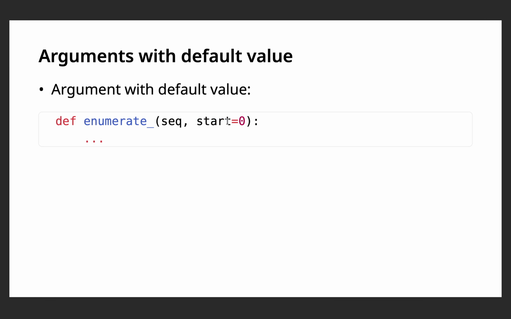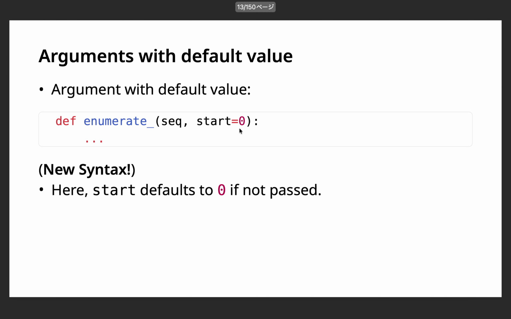So this start is also an argument, just like sequence, but it also has a corresponding default value over here. The nice thing with this is that if you omit or leave out the start argument, Python is going to assign the default value of 0 to start over here.